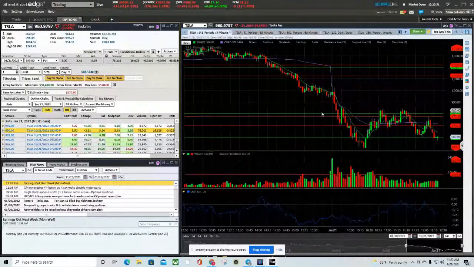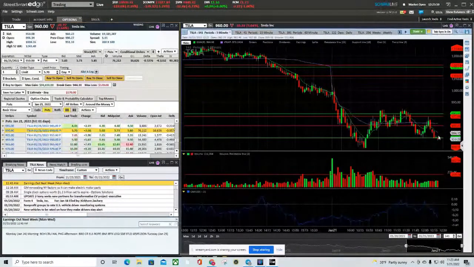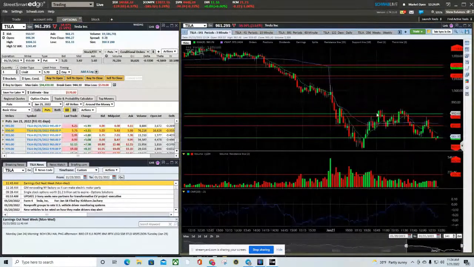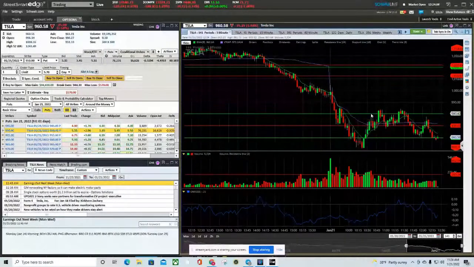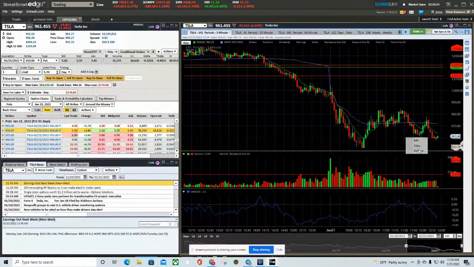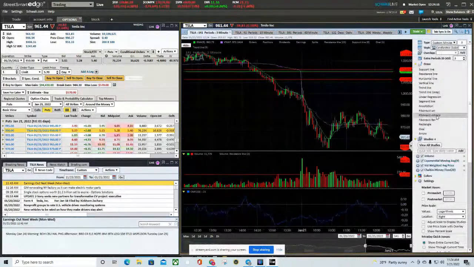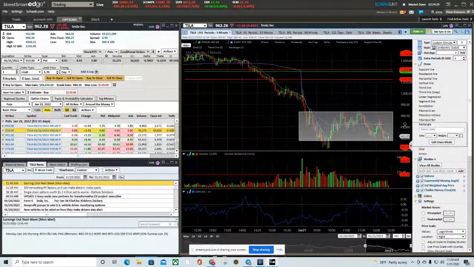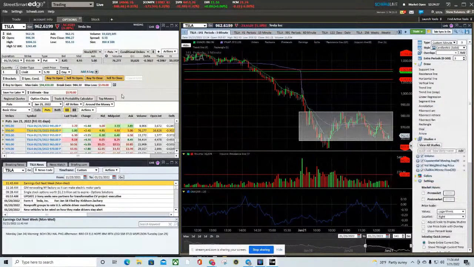Now, the problem again with this, as I said earlier, is if Tesla just trades sideways. Let's just say Tesla does this all day today, and you're in the same day expiration.